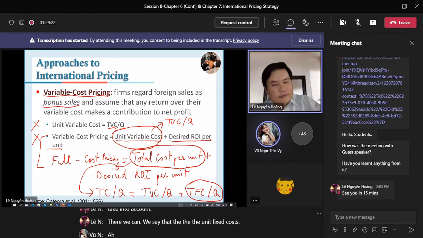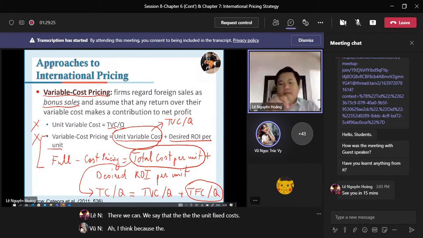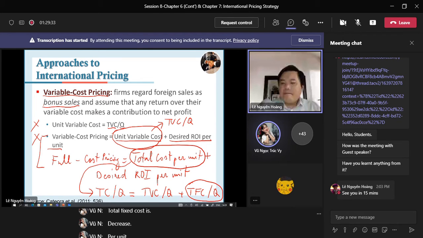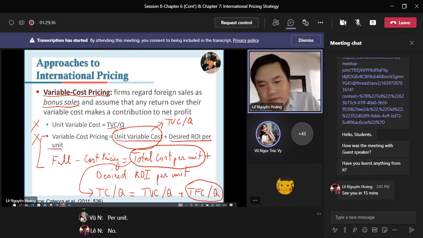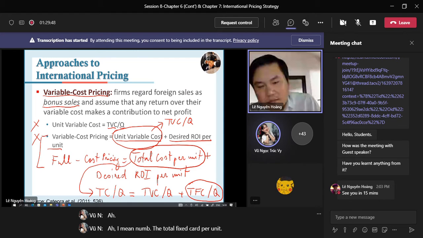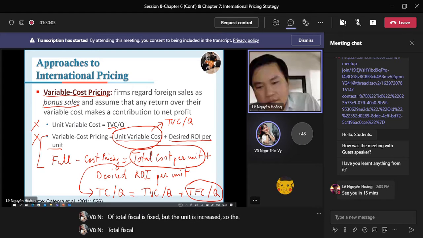I think because the total fixed cost per unit will be decreased, because the total fixed cost is fixed, but the units increase, so the total fixed cost per unit is decreased.